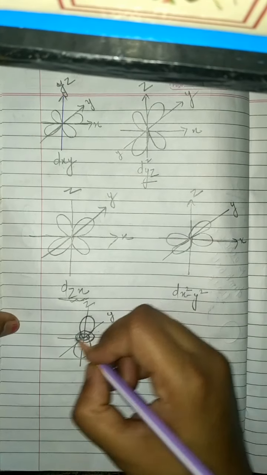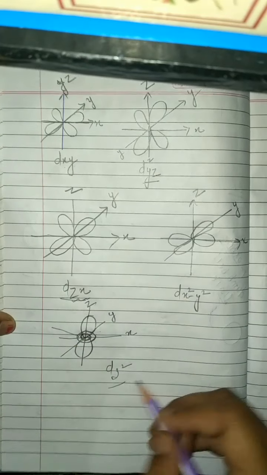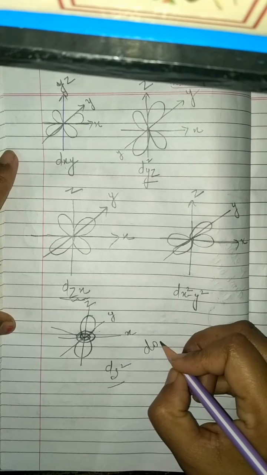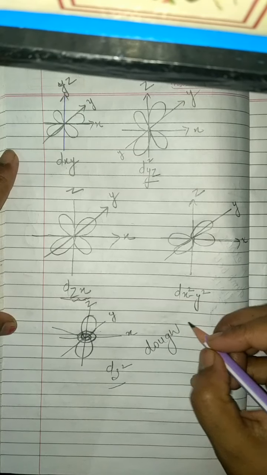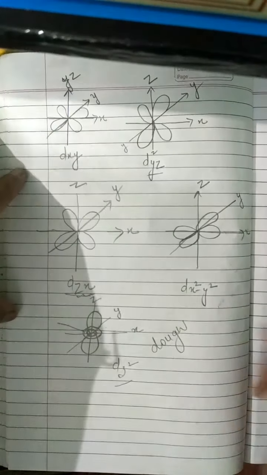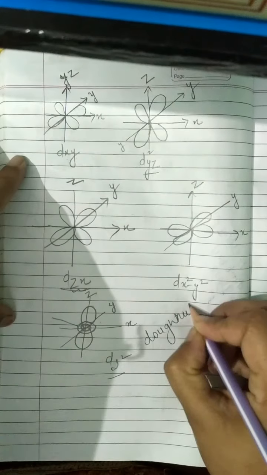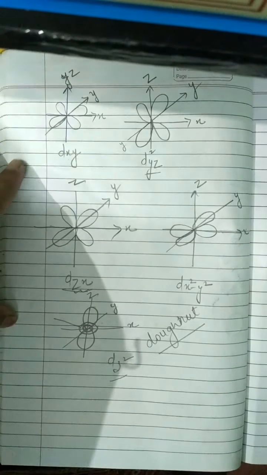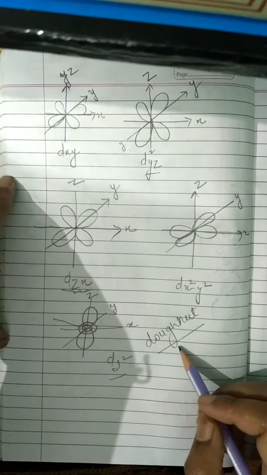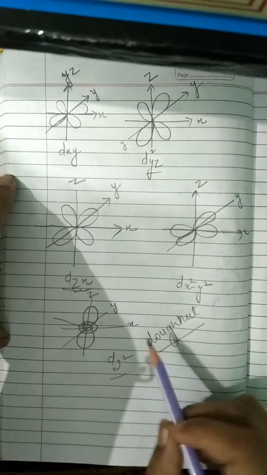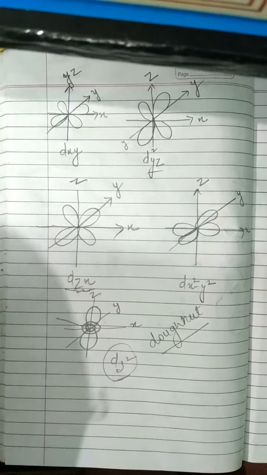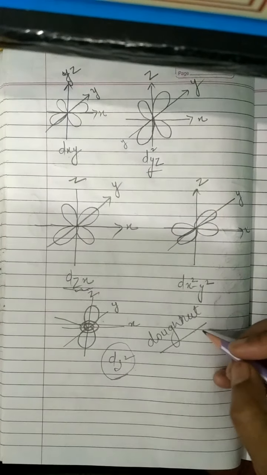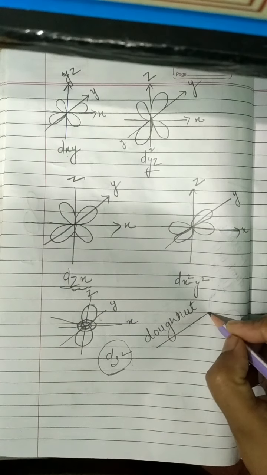The shape of dz square is called donut shape.